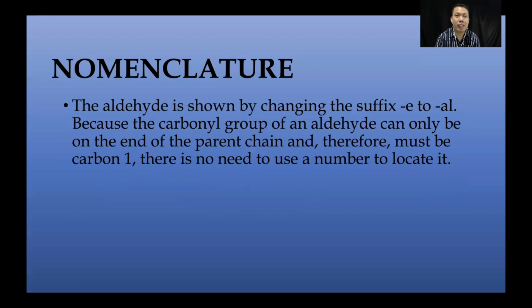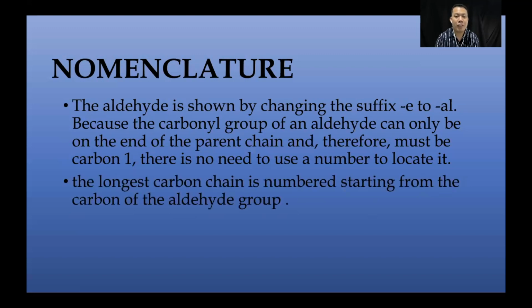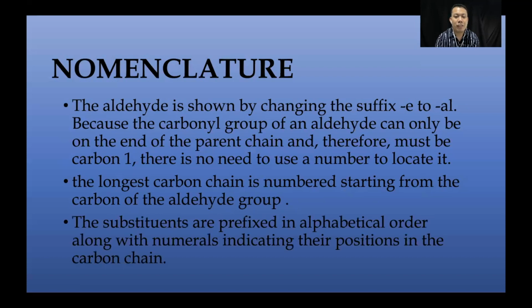Since it is always the first carbon and does not change, there is no need to write the number. Same process: locate the longest carbon chain, and then the substituents are prefixed in alphabetical order along with numerals indicating their positions in the carbon chain.